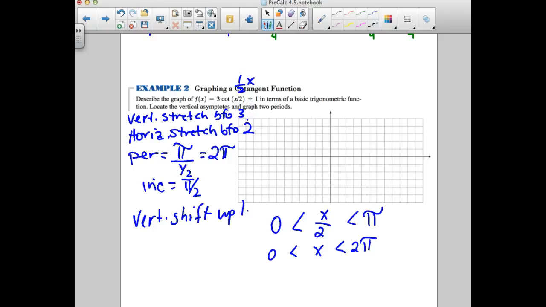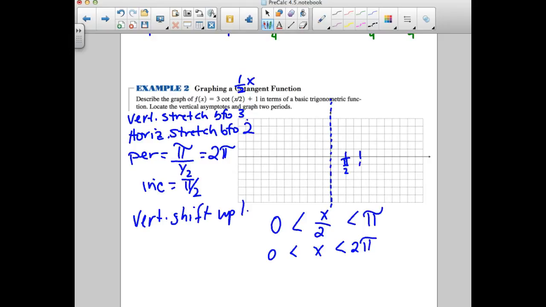Okay. We're going in increments of pi over 2. So here's my first vertical asymptote at 0. We said we've stretched this, so I want you to visually see that. We're going to go every other tick mark on this graph so that you can see it being stretched. So this is going to be 1 pi over 2 here.